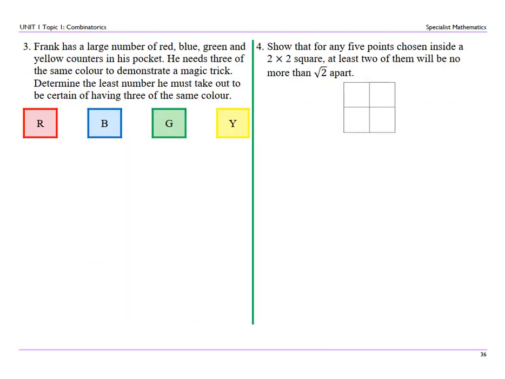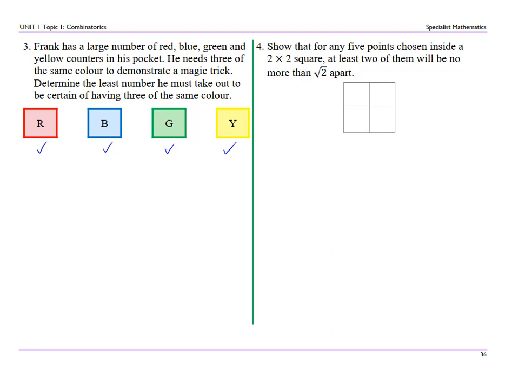Frank has a large number of red, blue, green and yellow counters in his pocket. He needs 3 of the same colour to demonstrate a magic trick. Determine the least number he must take out to be certain of having 3 of the same colour. So if we think about this visually, he could start by getting 1 of each colour.